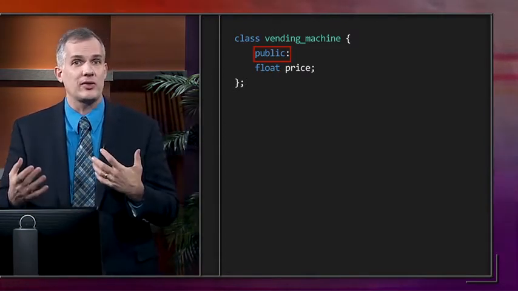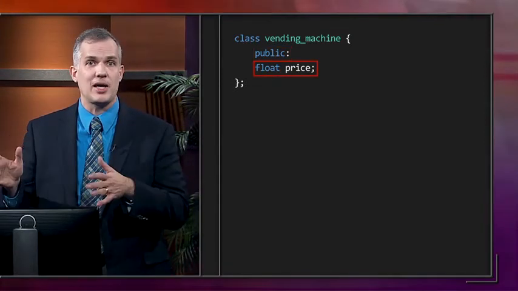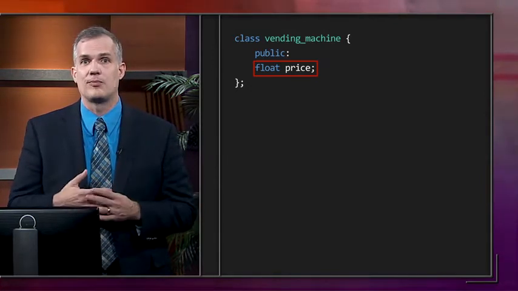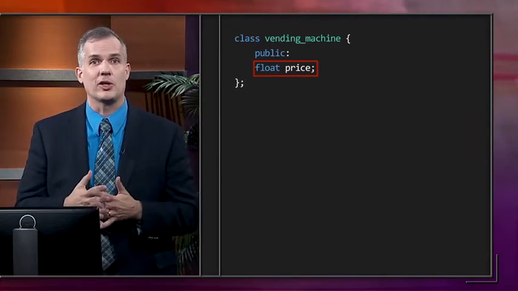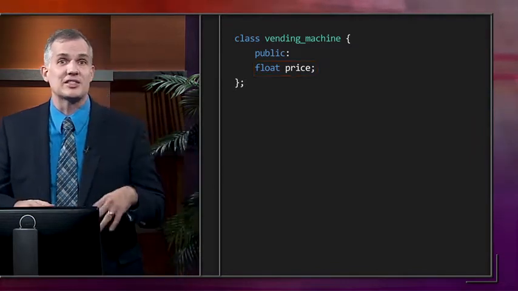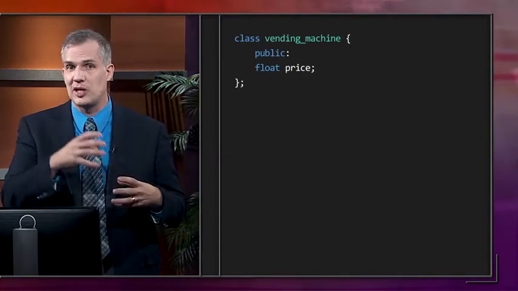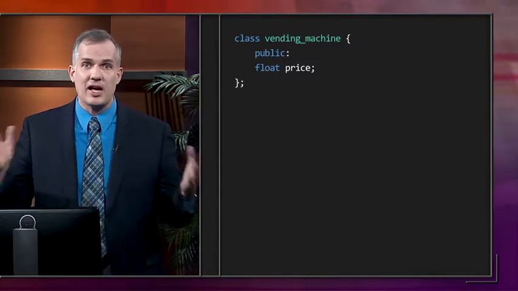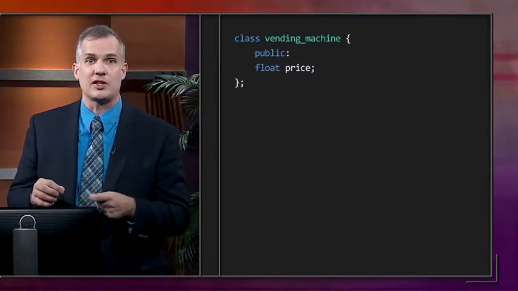We just declare this similar to the way that we would declare any other variable. The type, the name of the member variable, then a semicolon. In this case, that's float, price, semicolon. And that means that a vending machine contains a member variable, sometimes called an attribute, named price. Every object of type vending machine will have this subvariable inside of it, named price.